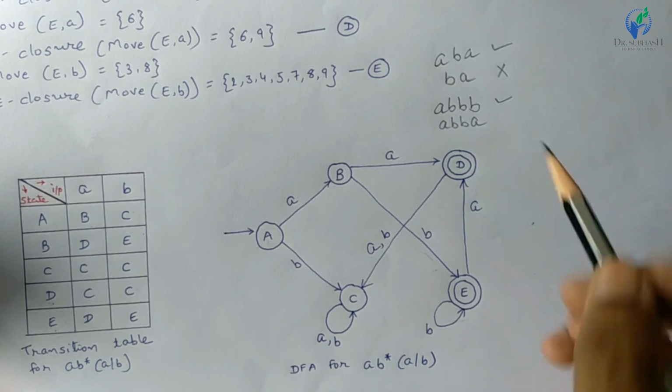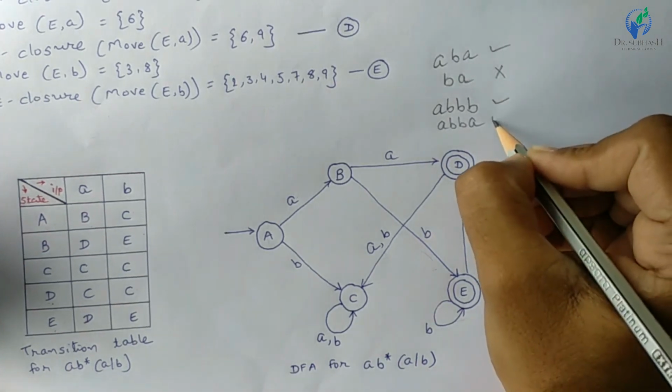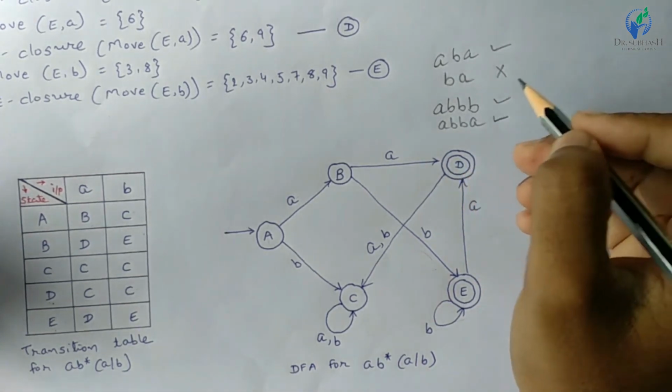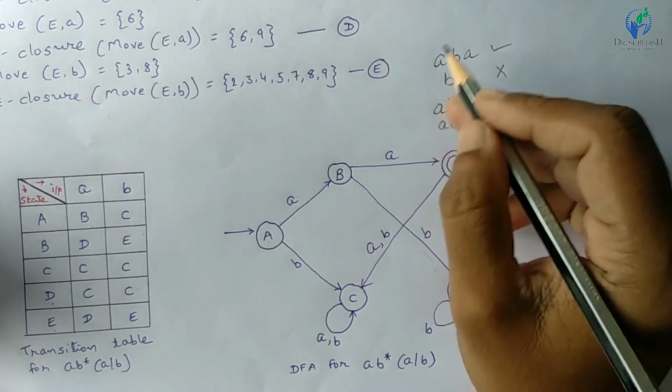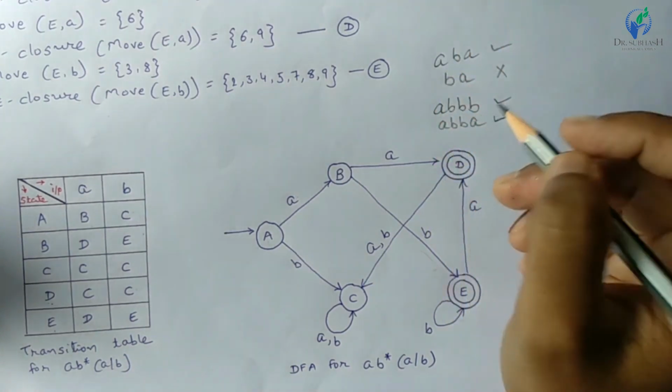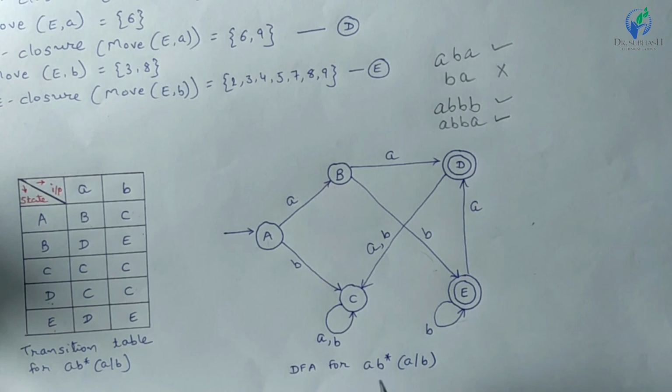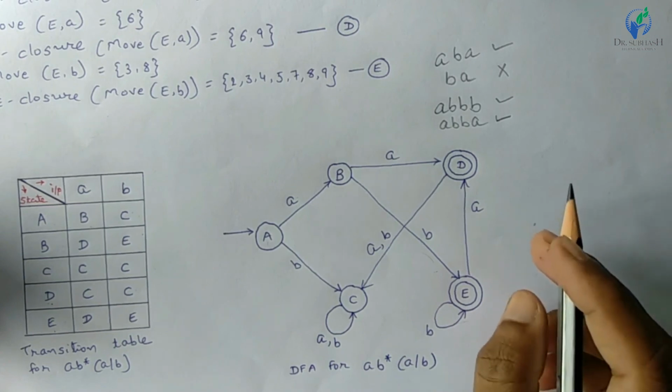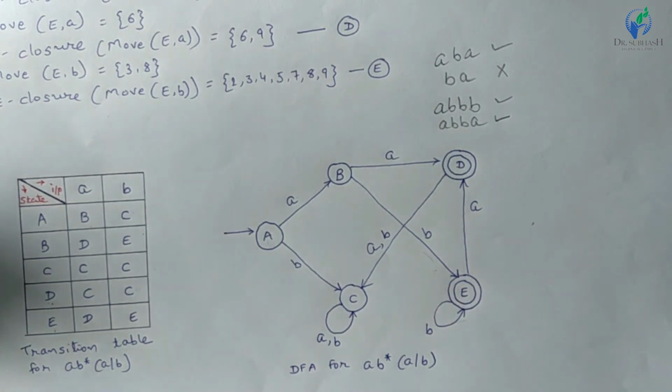So it's also a valid string. So these are all examples of strings which are recognized by the (A, B)* (A or B) finite automata.